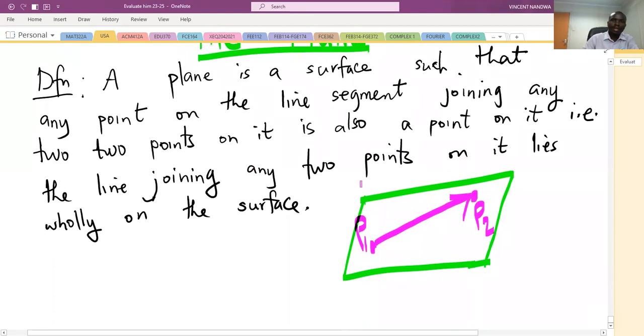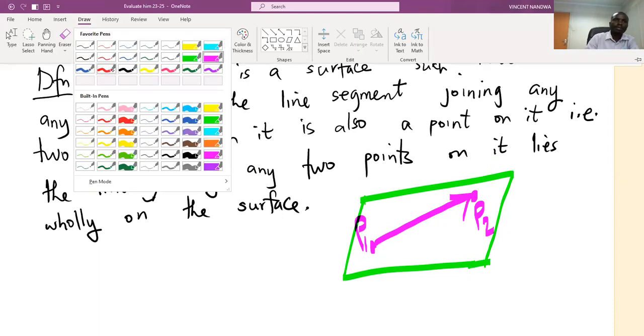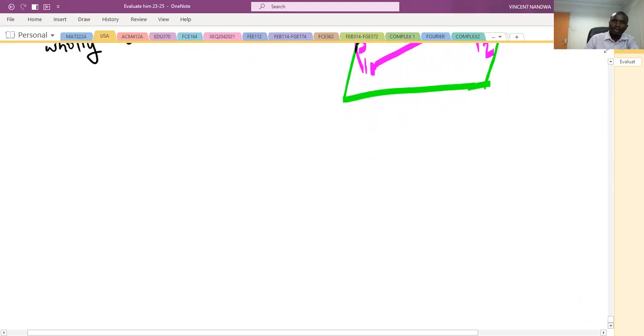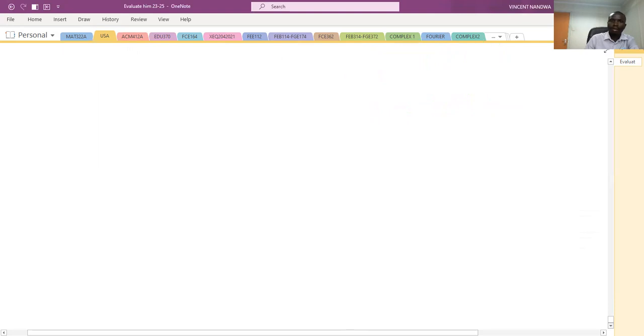For this case, just the top of the table is a good example of a plane. So then the biggest question now is, what does the equation of the plane look like?